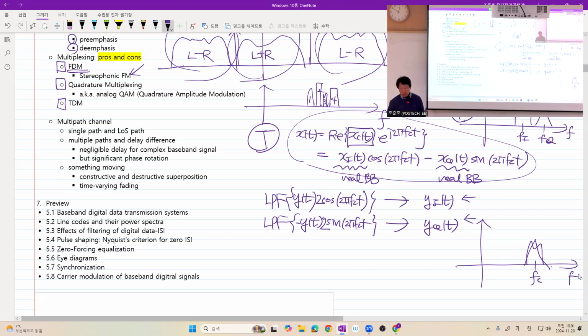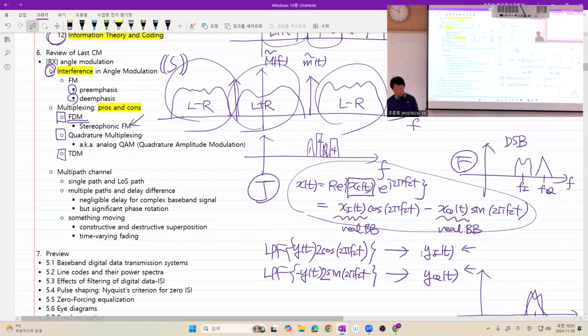This must remind you that double sideband wastes spectral efficiency. That's why people devised single sideband modulation, and also, as a trade-off between single sideband and double sideband, vestigial sideband. So this is possible, and this is quadrature multiplexing, sometimes called analog quadrature amplitude modulation.